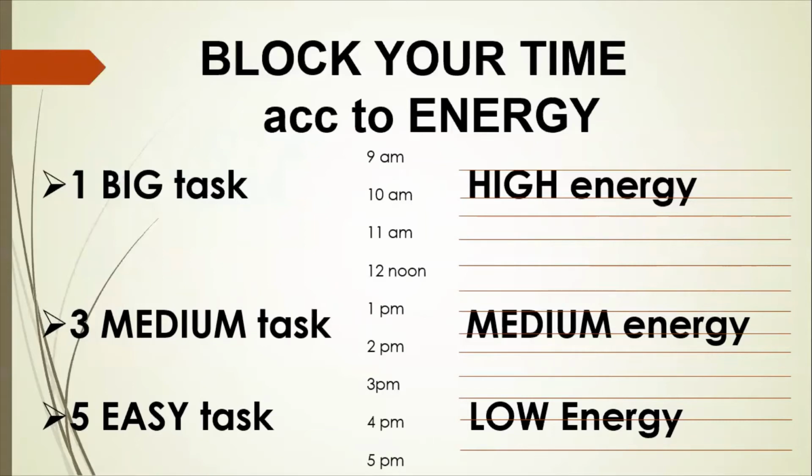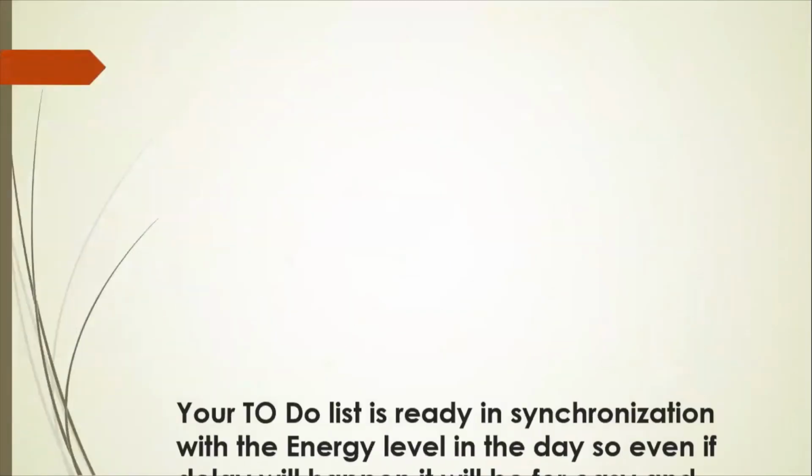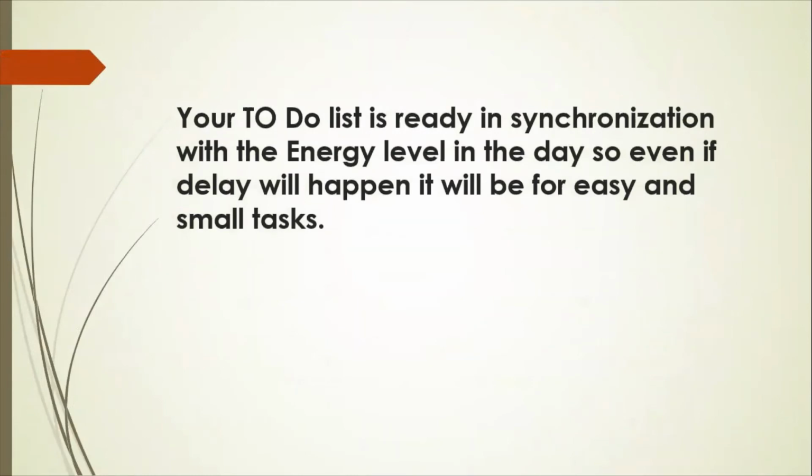Okay, so if you are, I would appreciate a comment from your side mentioning that this works for you or this did not work for you. Your to-do list is now ready in synchronization with the energy level according to the day. Now delay will not happen, and if it happens, it will be for the easy and the smaller tasks.